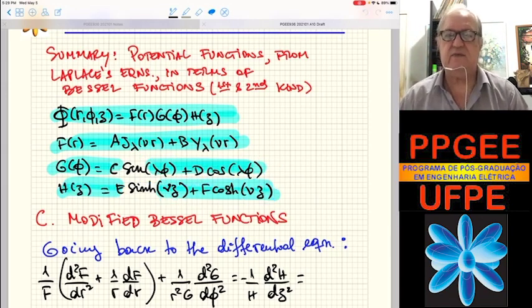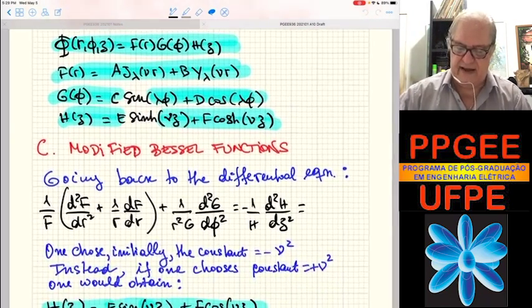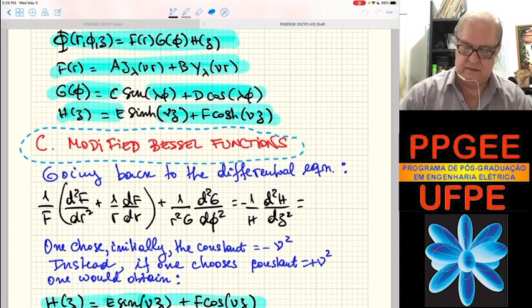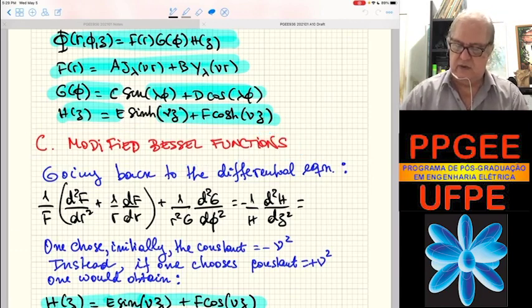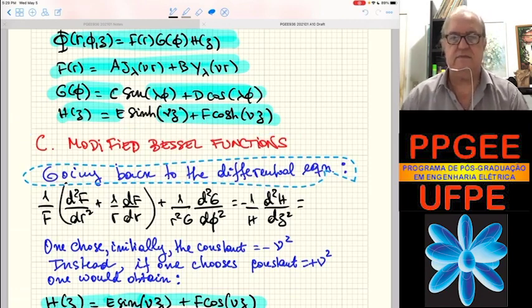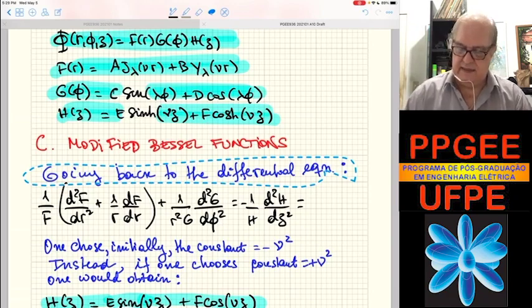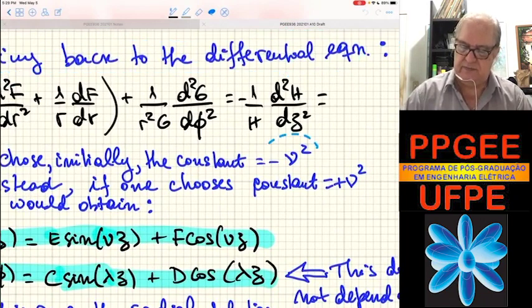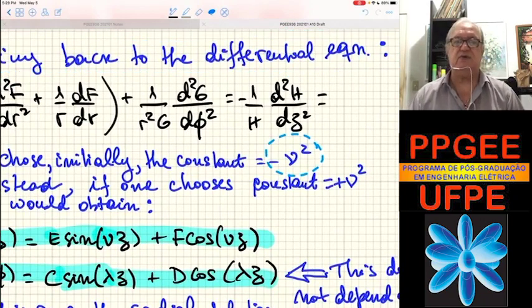Okay, so that's one aspect of the problem. Let's talk about modified Bessel functions. So we go back to the differential equation. The first step was to choose a separation constant. We chose minus nu squared.